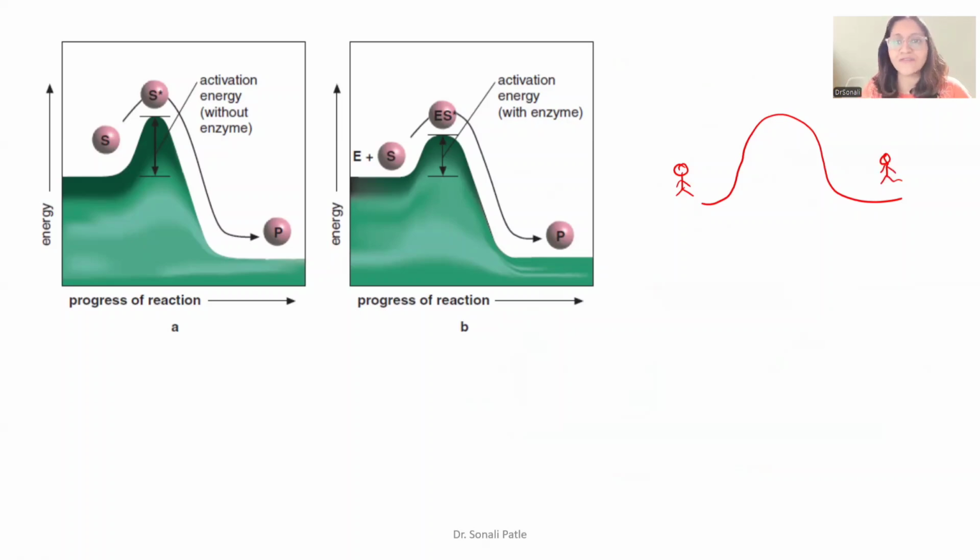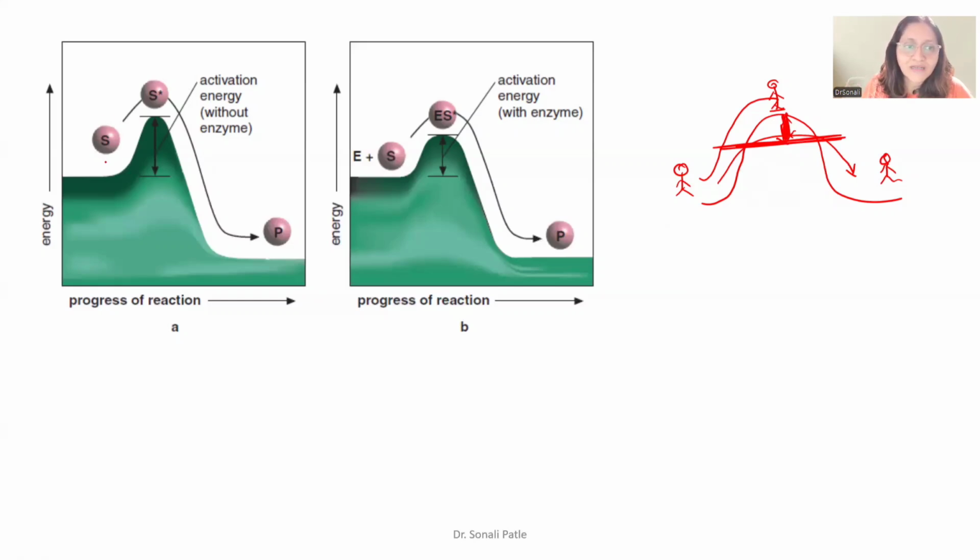The mount is in front of you, so either you spend this much energy to reach the top, or you need someone who will reduce the height of the hill so that you can reach the other side quickly. The enzyme does the same kind of job. It just minimizes the height of the hill for the substrate so that it gets converted into the product very fast.